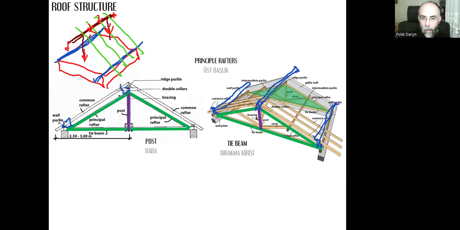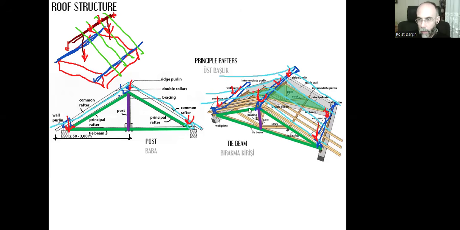And over these purlins, we can place the rafters like this, like that. And the loads of the rafters will be transferred to purlins, and the purlins will transfer the loads to the truss.